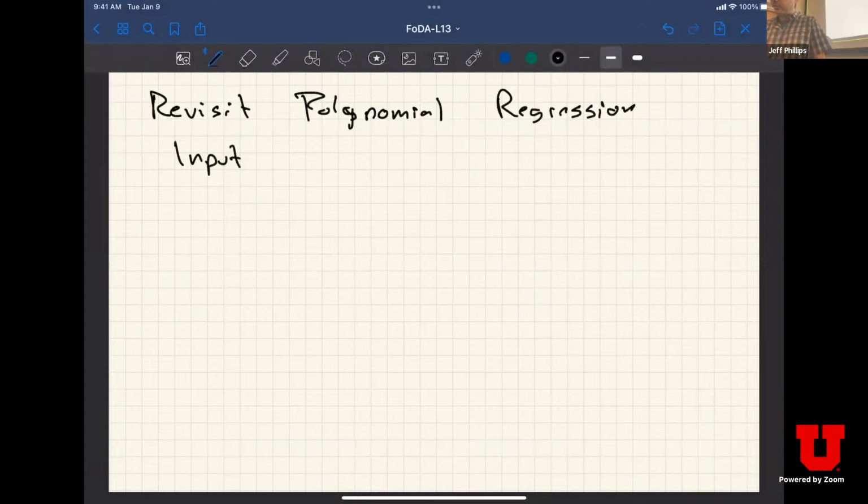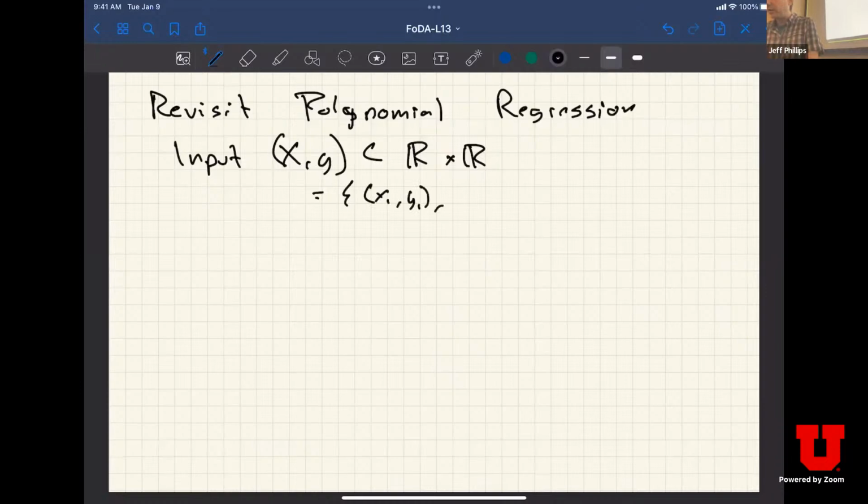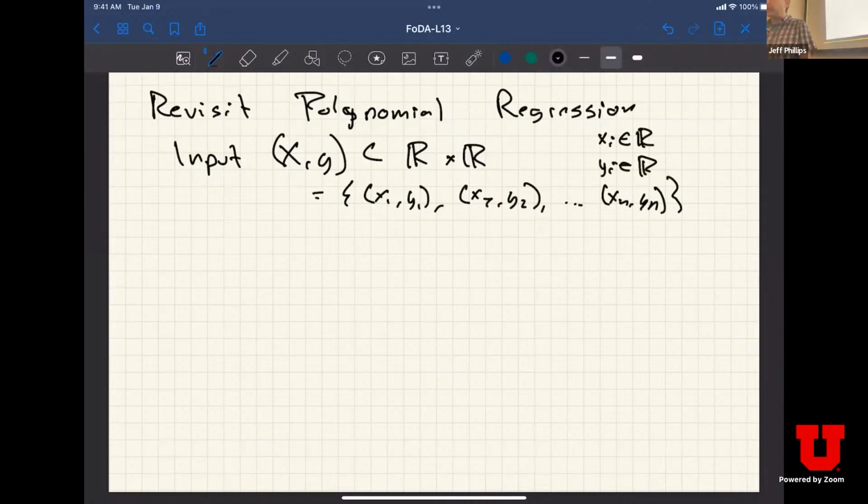We're going to look at the simple version of it, where you have x, y in a subset of R cross R. That means this is a data set of pairs (x1, y1), (x2, y2), up to (xn, yn), and each xi is just a real value, and each yi is just a real value.